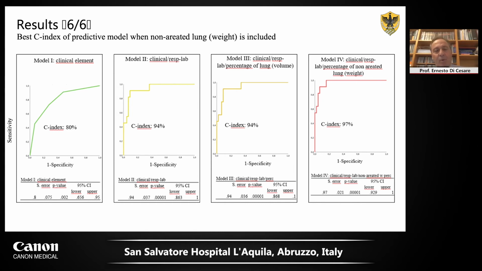If you analyze clinical data and respiratory and laboratory data, this index increases to 94%. And if you introduce also the percentage of lung volume, there is no increase in the value of this index.